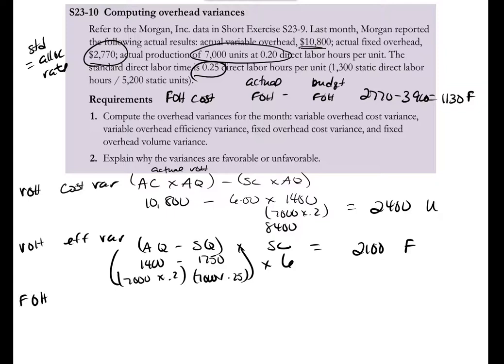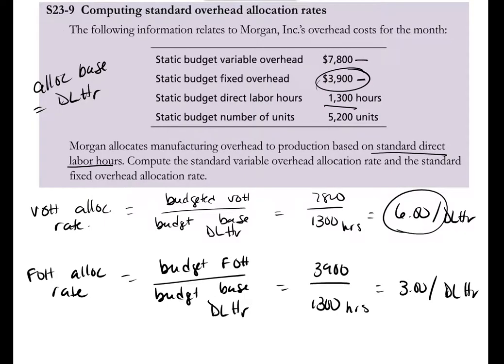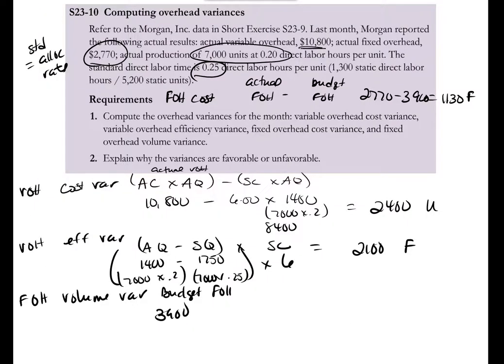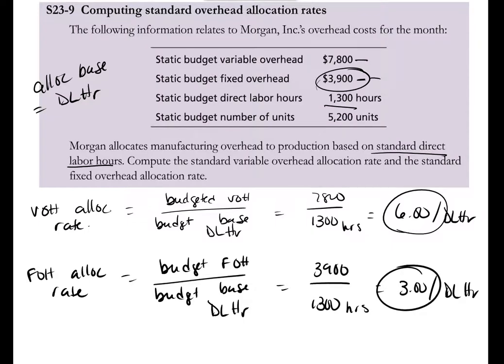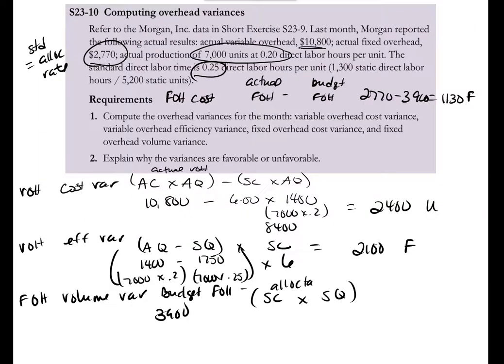And then the last one is the fixed overhead volume variance. So this will be the budgeted fixed overhead, which again is that 3,900 that was given in this part of the problem right here, minus the allocated, which is standard at standard. So the standard quantity times the standard cost, okay? The standard cost is what we figured out right here. That's the $3. That's the allocation rate for the fixed overhead. So my standard is 3. And then the standard quantity, I figured that one out right here, right?